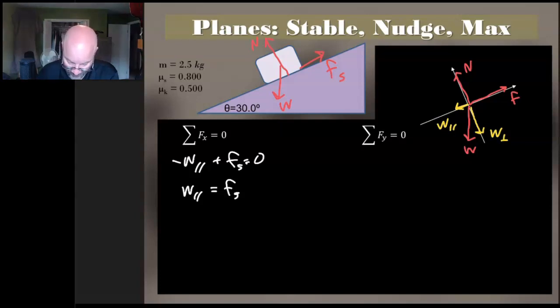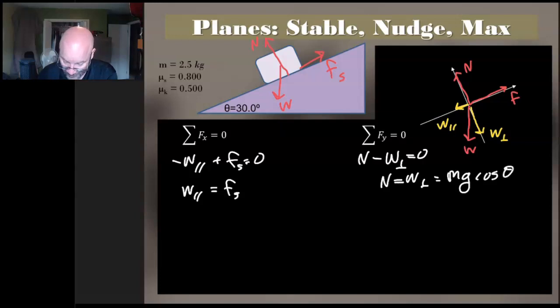Vertically, then, what we're going to have is the normal force is up, and my perpendicular component is down, like this. So my normal force is the perpendicular component of my weight, and that is the weight, mg, times the cosine of my angle.